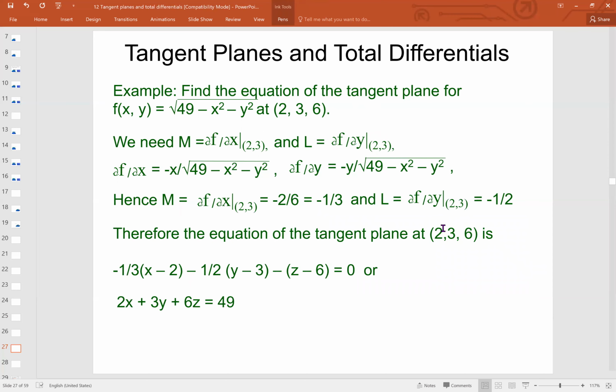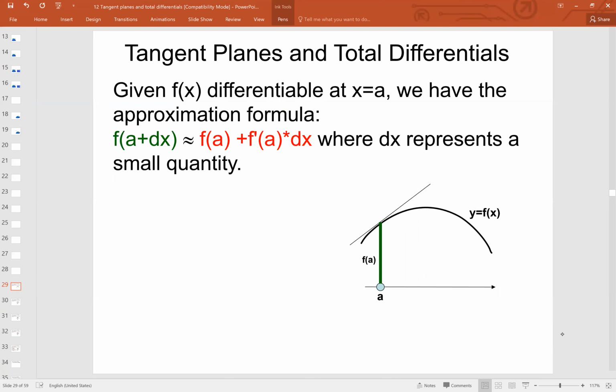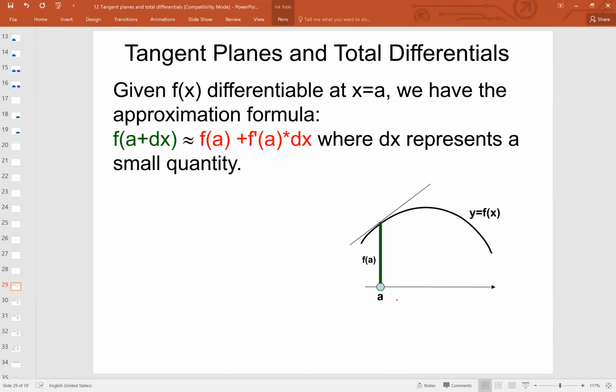Remember in the case where we have one variable, y equal to f of x, and we have a tangent line, and suppose I'm at a point a, and I move over a little bit, so the dx, which is the same as delta x. I want to find out what the function value is at f of a plus dx.